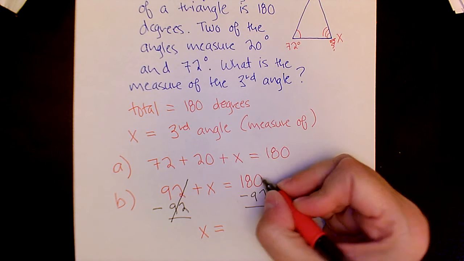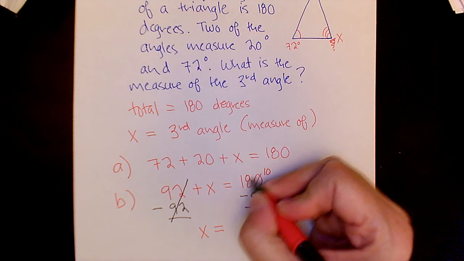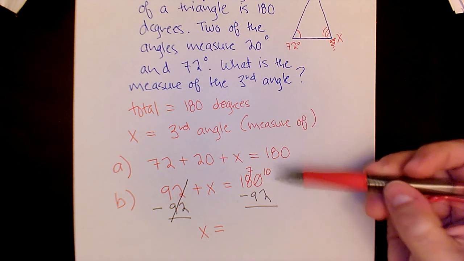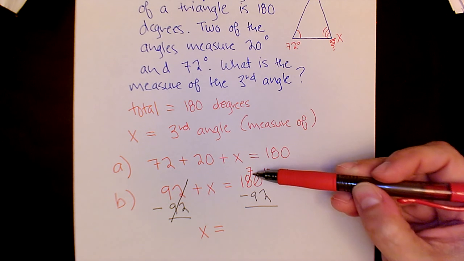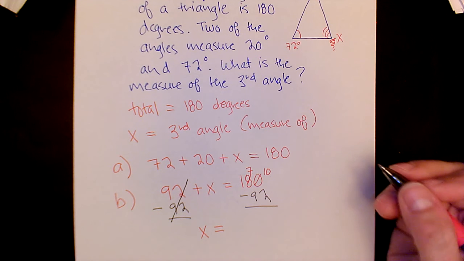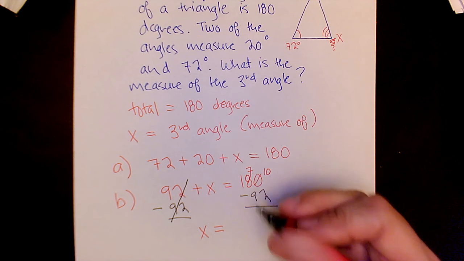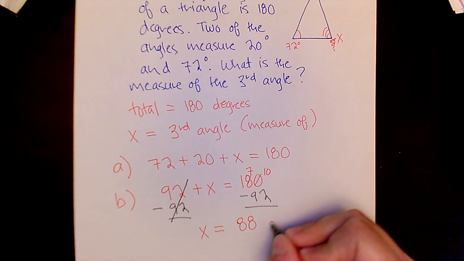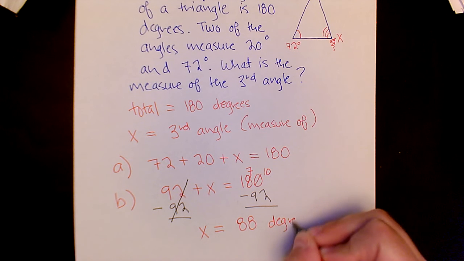And let's see, I'm going to borrow and make this a 10 and make this a 7. So 10 minus 2 is 8, and 17 minus 9 is also 8. So I get 88 degrees.